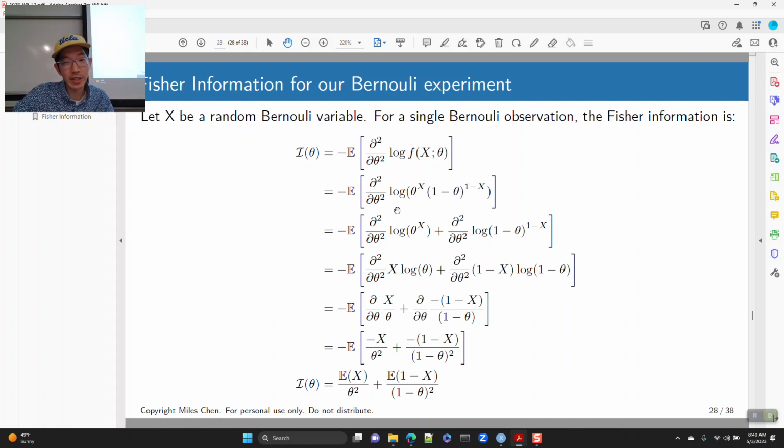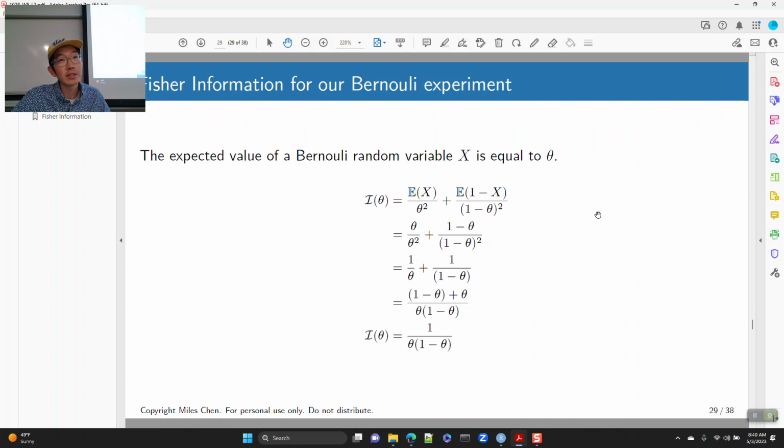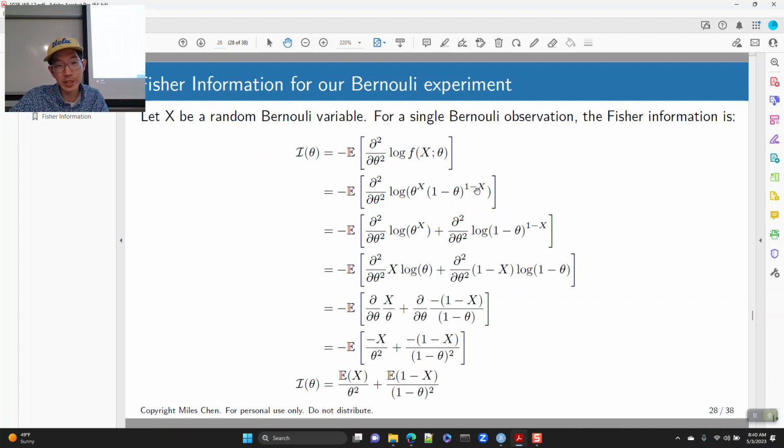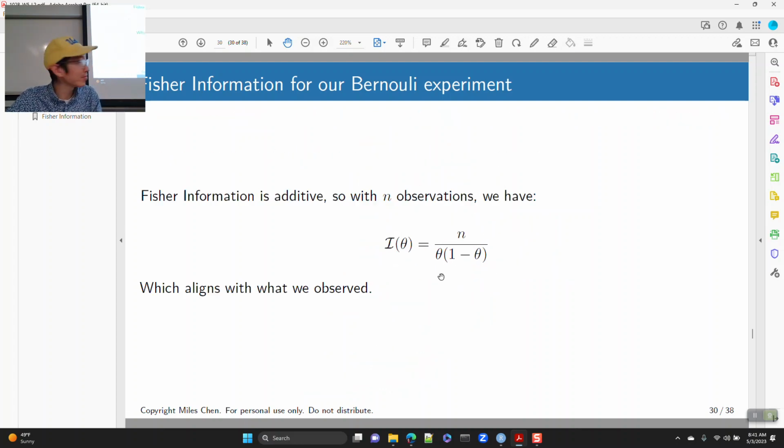You're going to have basically a product of n of these things, and then you're going to have the sum of your x's instead. If you do all of this, you're going to get the sum of your x's and then n minus the sum of your x's, and then if you solve it out, you're going to get this result.